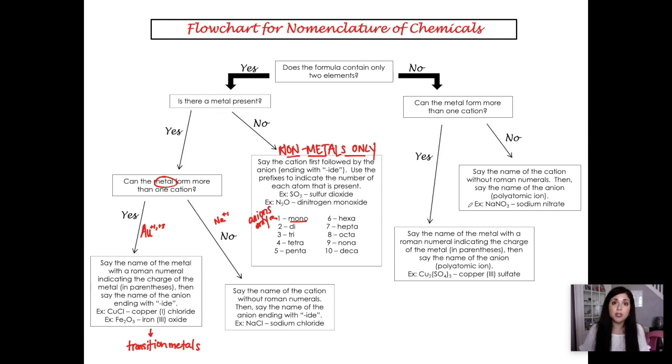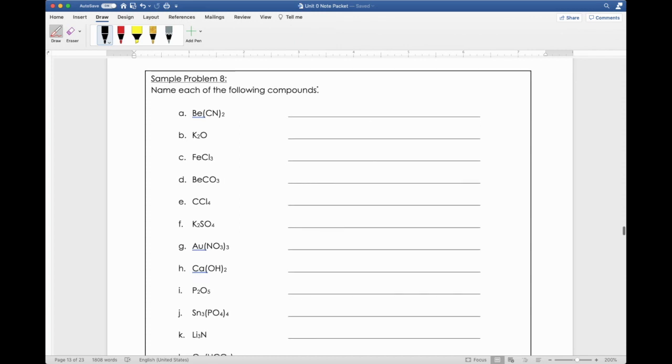With that information, let's go ahead and dive into the sample problems in the notes where we name some chemical compounds, and then we write the formulas for those chemical compounds as well. So first, let's do sample problem 8, and we're going to name each of these compounds.